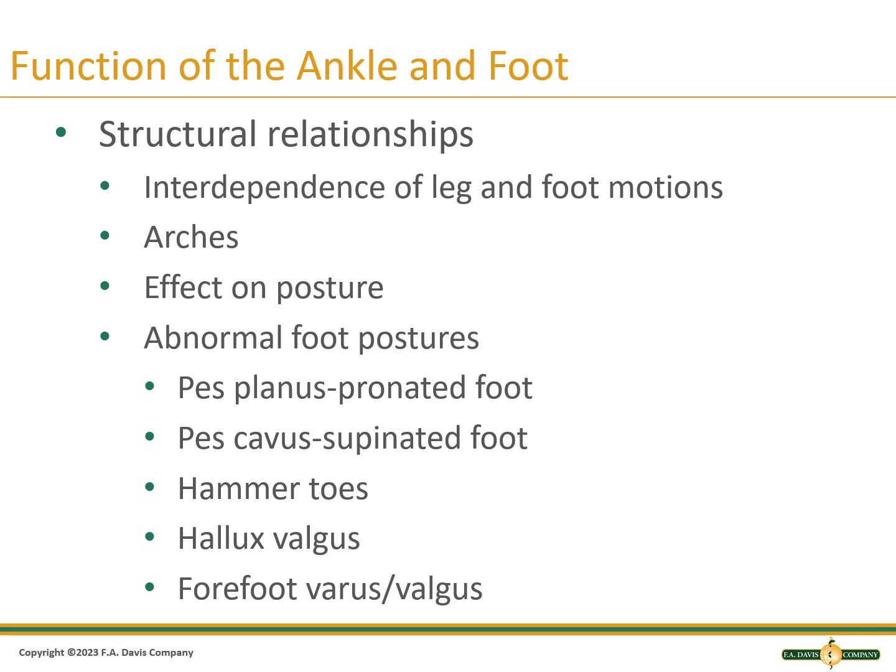Abnormal foot postures that we can see are, again, going to affect things up and down the kinematic chain. So pes planus is going to be a flat foot where we have an increased pronation to the foot, and that's going to be associated with internal rotation of the lower extremity. Pes cavus is going to be a supinated foot, so that's going to be associated with external rotation of the lower extremity.